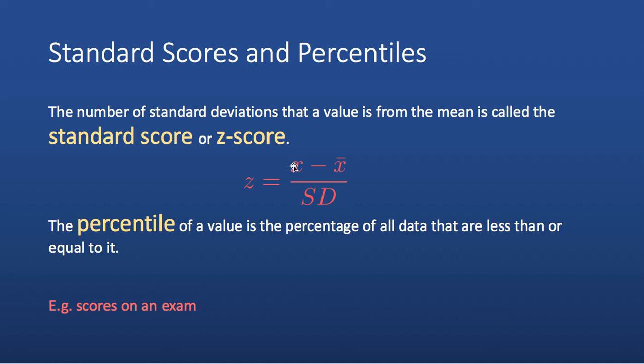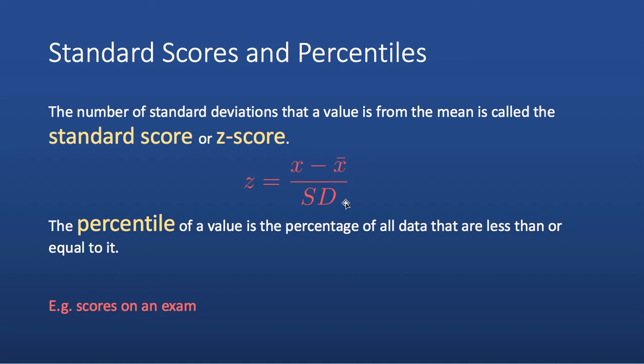So 100 minus 80 is 20, divided by 10 gives you 2. And so you would have a z-score of 2. And what that means is you are 2 standard deviations above the mean. So we're sort of using standard deviation like a unit of measurement. You're this many standard deviations above or this many standard deviations below.